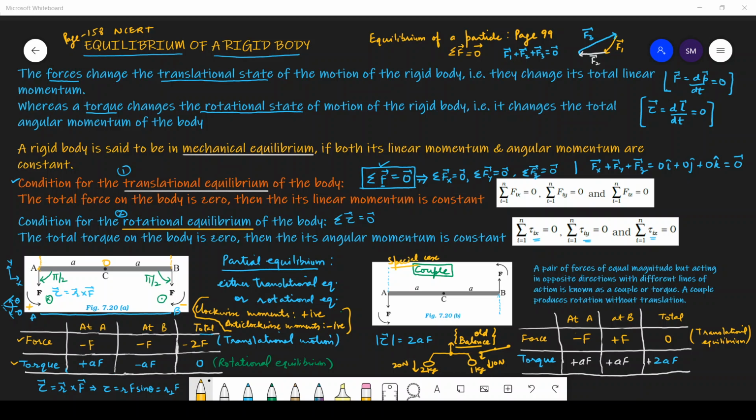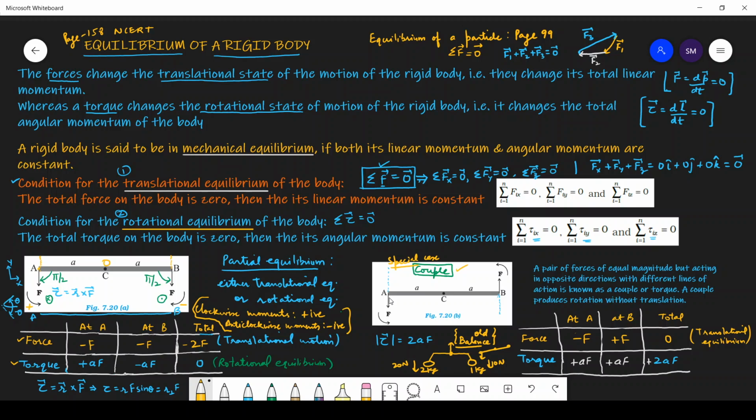So this is a special case when we have equal and opposite forces. Students, this is a very important concept, couple. It is one of the ABCDs of physics. So understand it clearly. First thing, in the couple, I want equal and opposite forces at two ends. Even if they are not at two ends, it's okay. But the second thing is that they are not supposed to be along the same line of action.